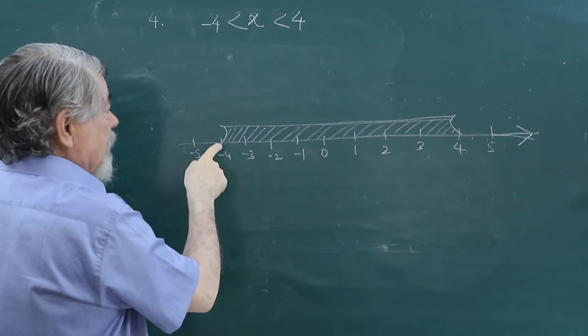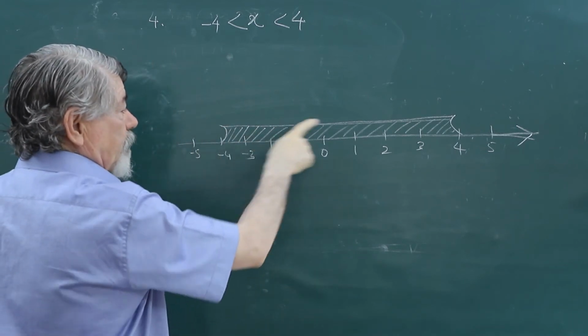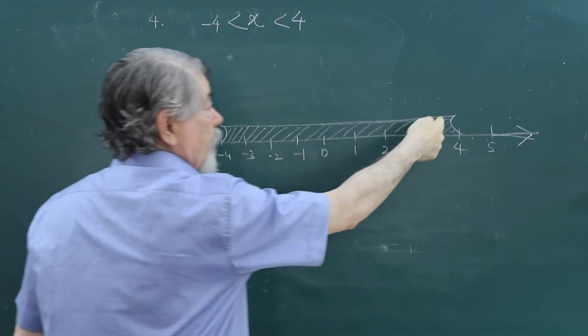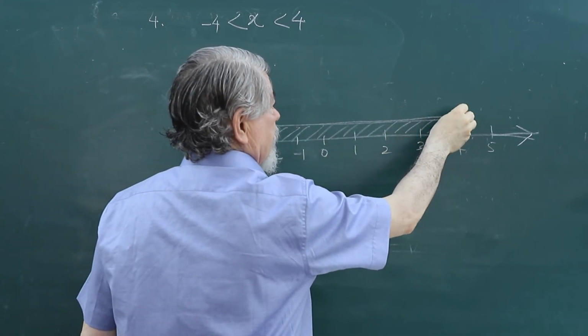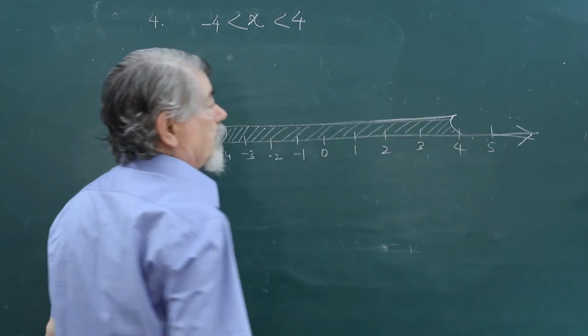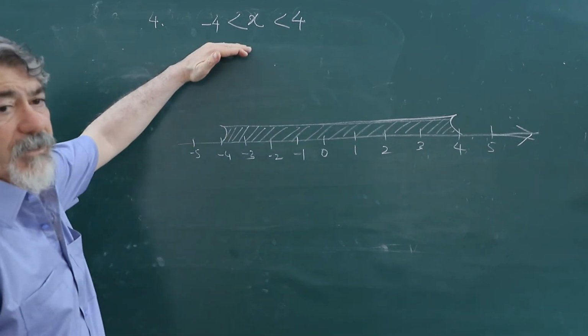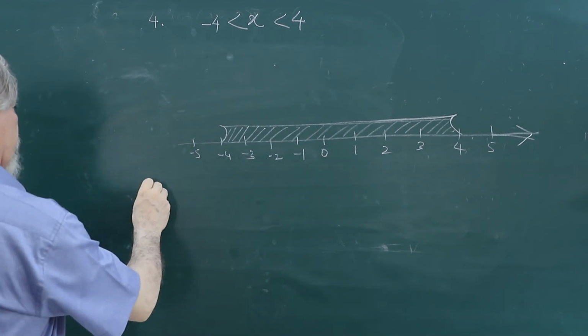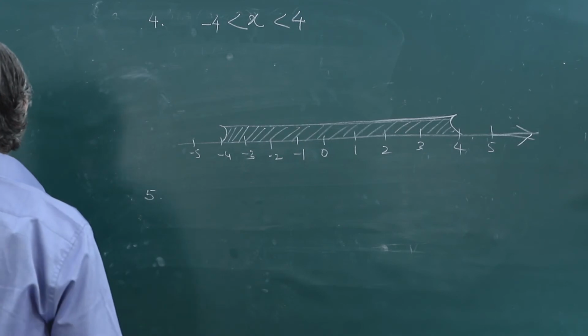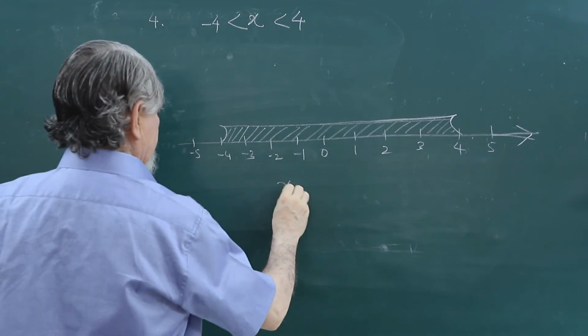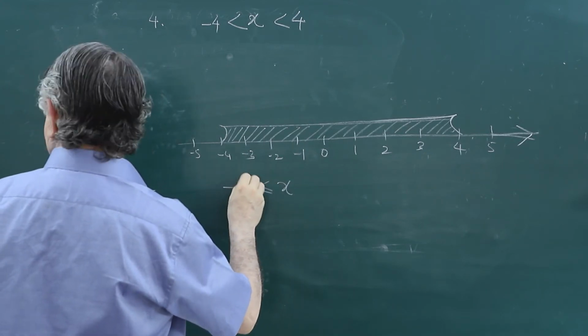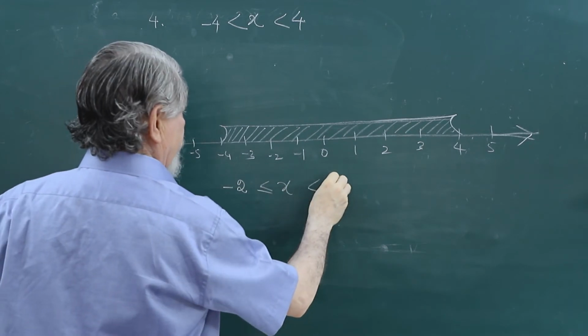But it is less than and greater than. Greater than will come to this side, and less than 4 means to this side. So this becomes your number line. This is represented on the number line. Let's see question number 5. Question number 5 is x is greater than or equal to minus 2 and less than 5.